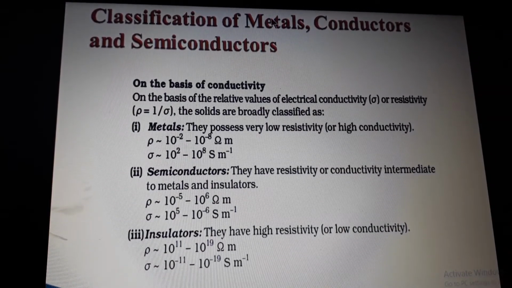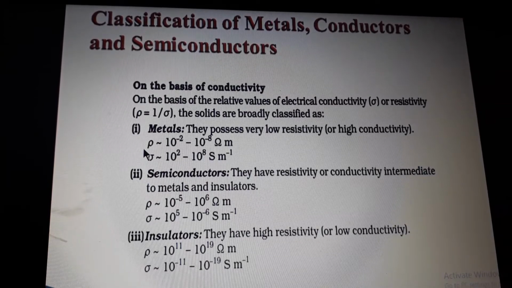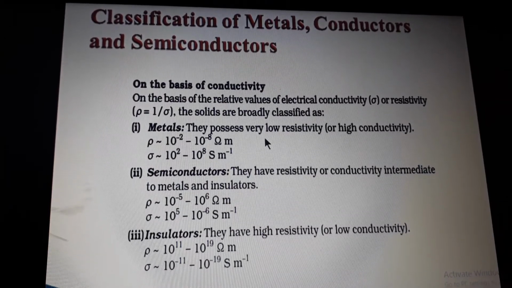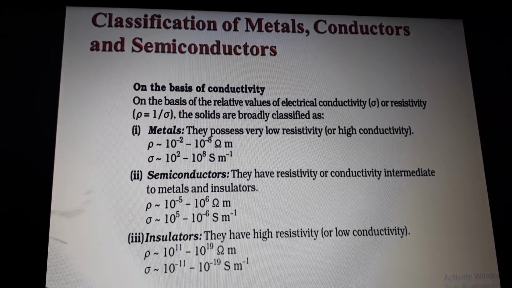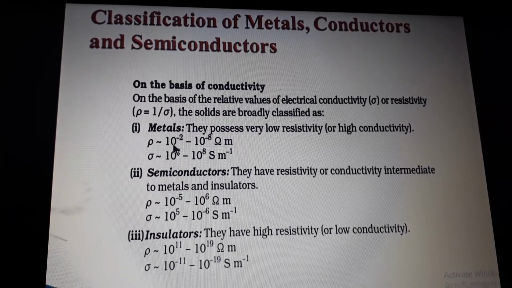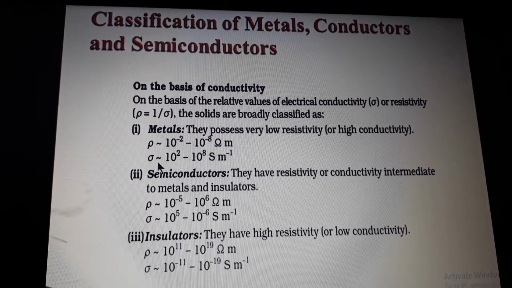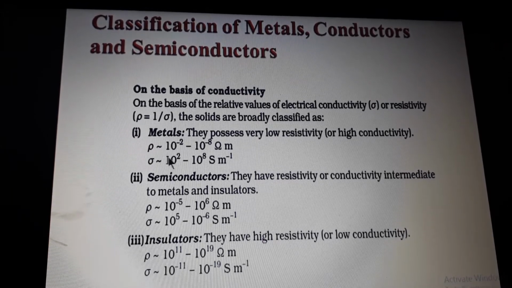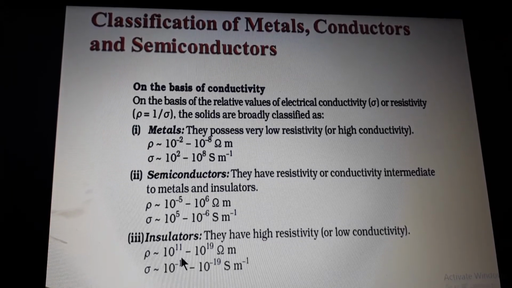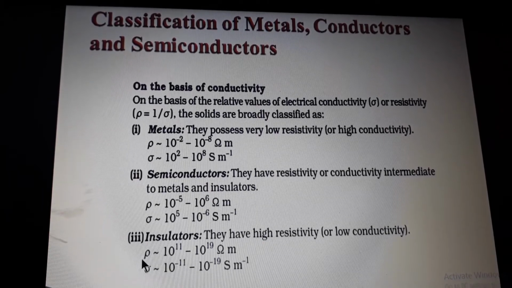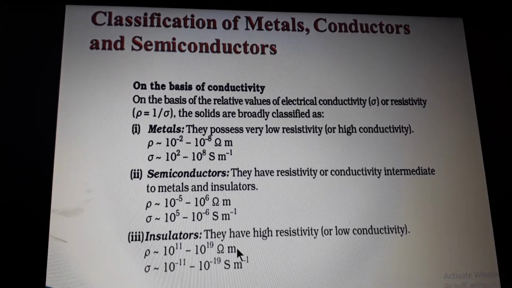You know that in metals resistivity is always very low, and the value is like 10 raised to minus 2 to 10 raised to minus 8 ohm meter. But the conductivity is very large, 10 raised to 2 to 10 raised to 8. But in an insulator, the resistivity is very high, but conductivity is very low.